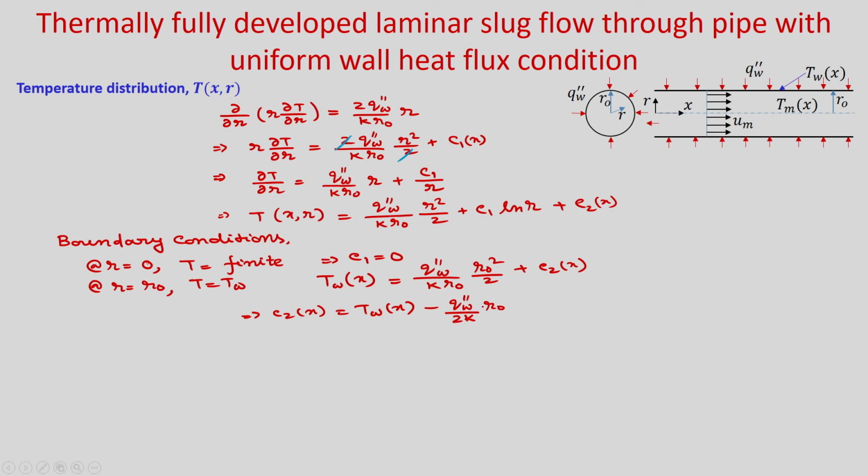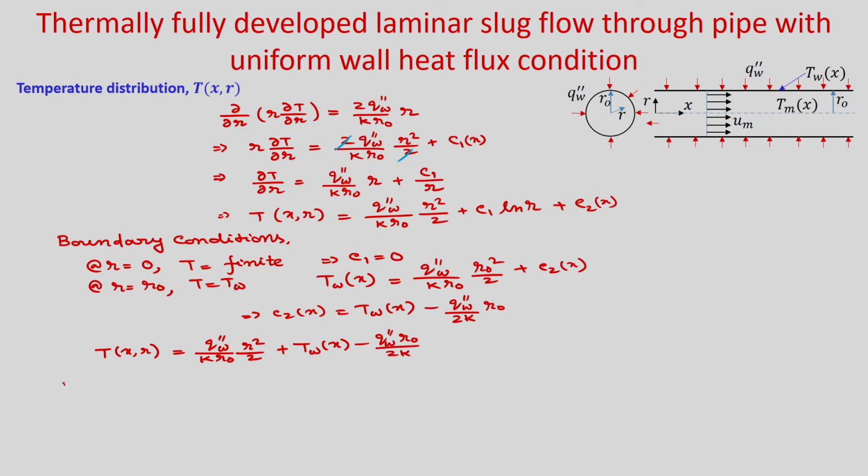Now these constants you put in the temperature profile and find the temperature distribution. So, you can write T equals q″w by k r naught, r square by 2, plus C2, that is, q″w r naught by twice k.